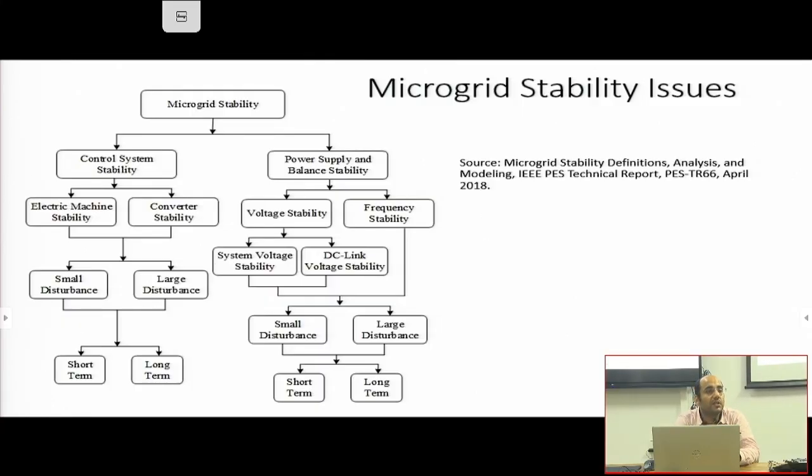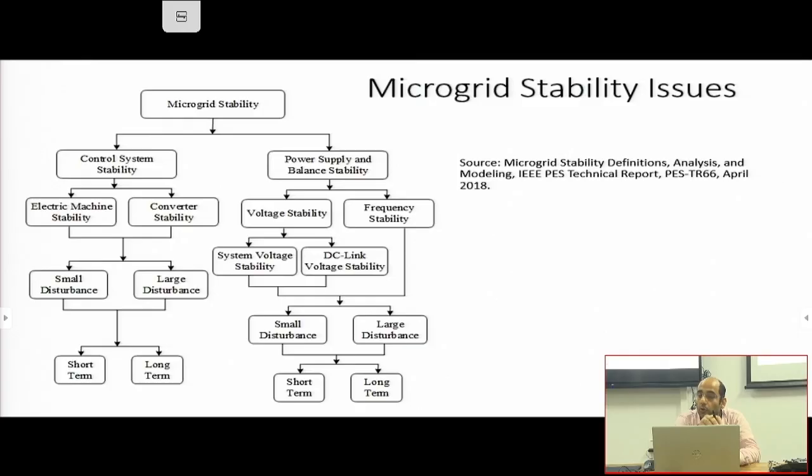The control system stability can be further divided into electric machine stability or converter stability. Because in a microgrid you will have both inverter based sources as well as rotating machine sources. For example, diesel generator. A diesel generator is basically a synchronous generator. So you can have electric machine stability or converter stability. So basically it means the control of the converter or the control of the machine.